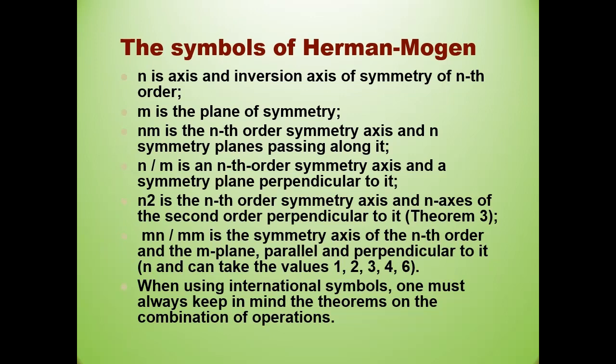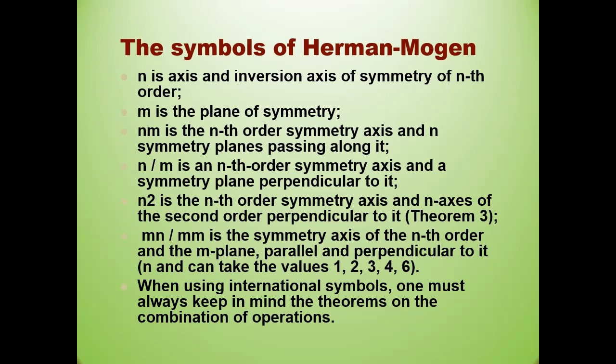When you write an international character, it is extremely important to comply with the order of record. These rules are contained in special tables. In the international symbols, there are distinguished the coordinate elements of symmetry passing along the coordinate planes, and the diagonal ones passing at the angles of bisectors between the planes. This is taken into account when writing a character. If it is not complied with, the meaning changes completely.